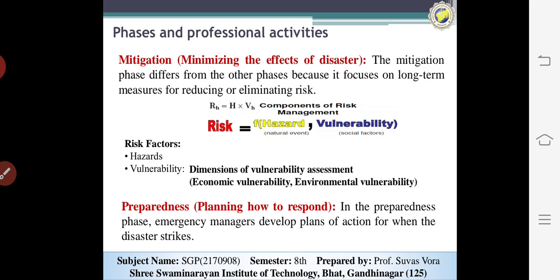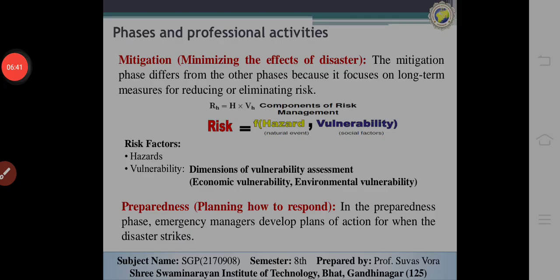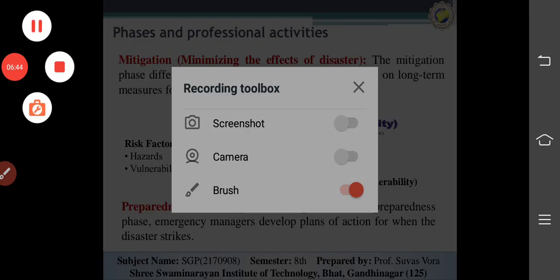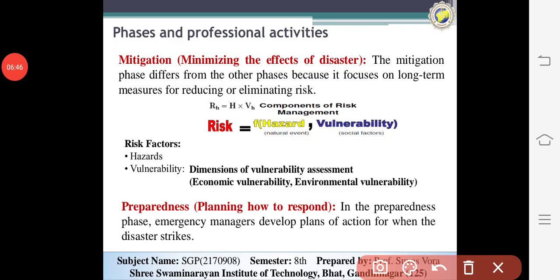Here you can see RH, the combination of both the probability and the level of impact: probability and level of impact.